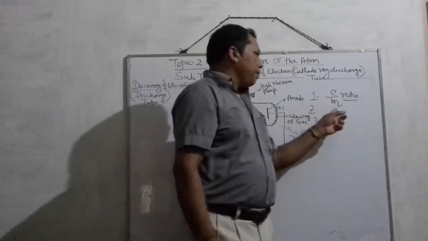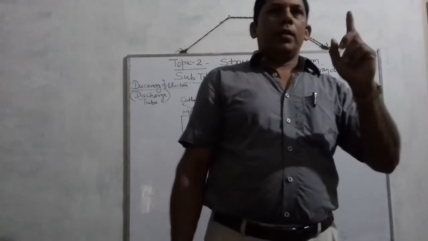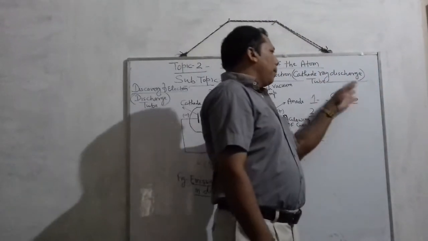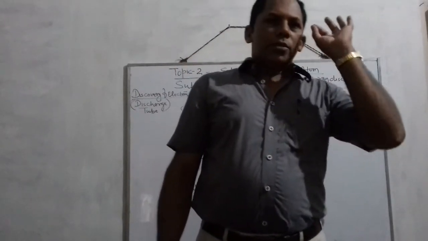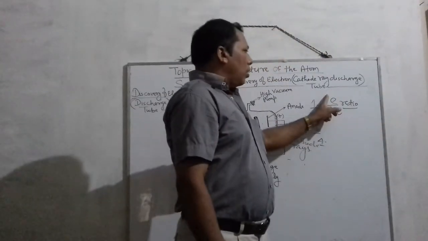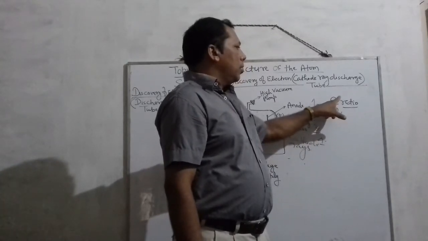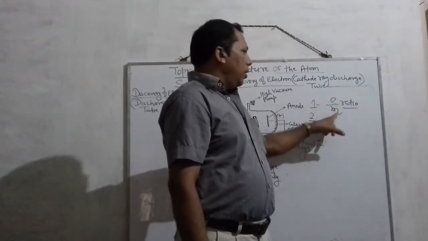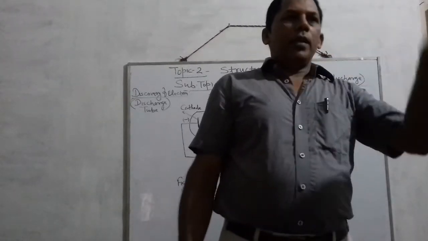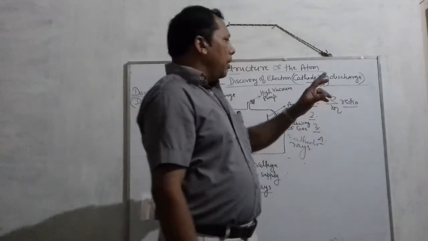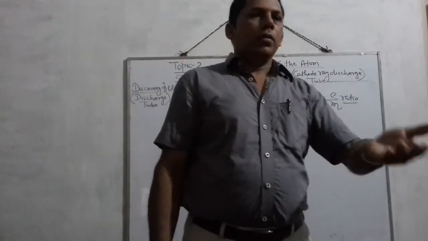So children, in 1897, J.J. Thomson measured the ratio of e by m of the electron by using a cathode ray tube.